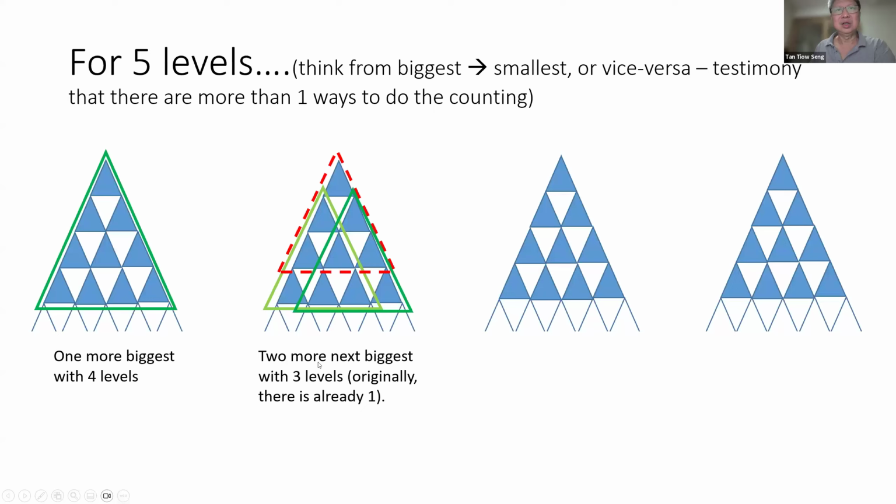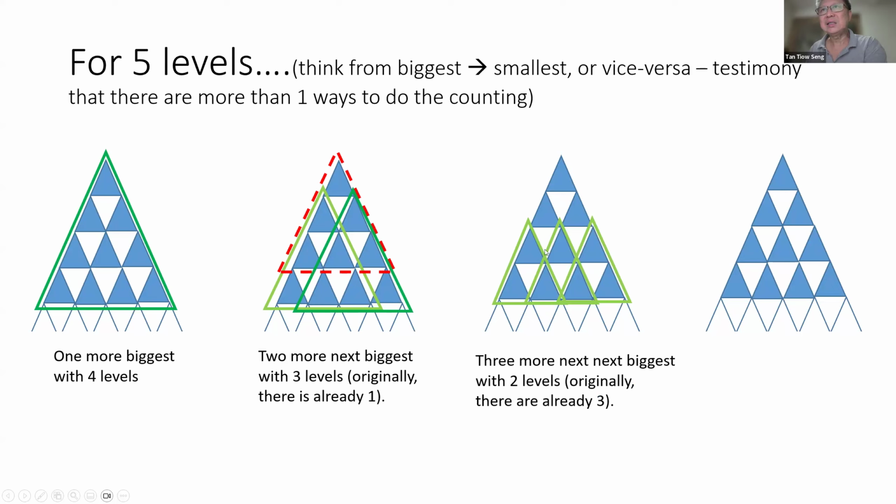All right. So the 2 more next biggest with this. And you can do the same reasoning. You can see that this is a new size of 2, new size of 2, new size of 2, and there are just 3 of them. All right, so these 3 are new because these are the new cards at the bottom. And this is new one, new one, new one, new one. So there are 4 of them.